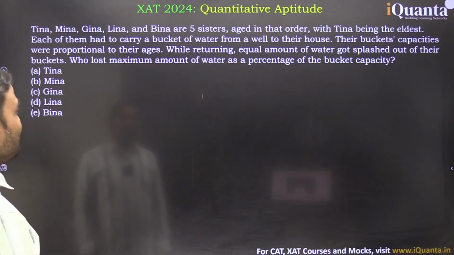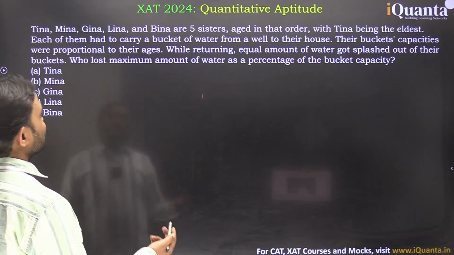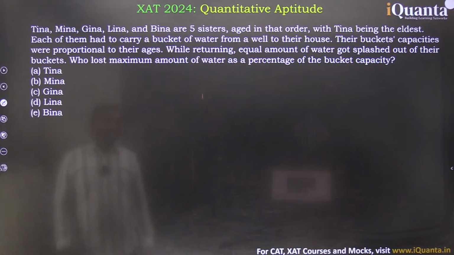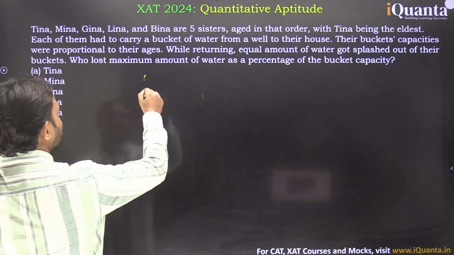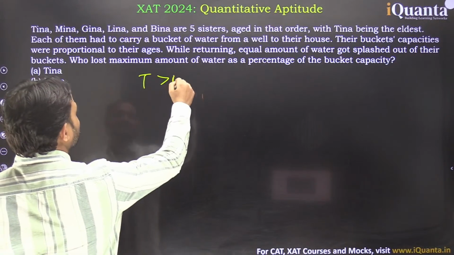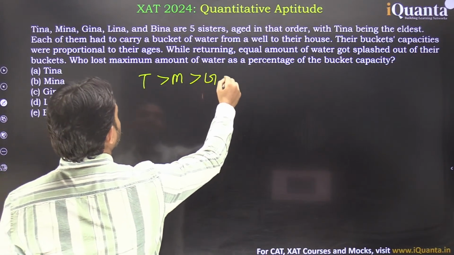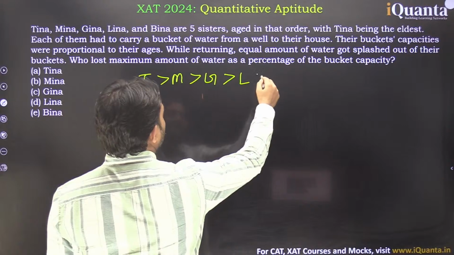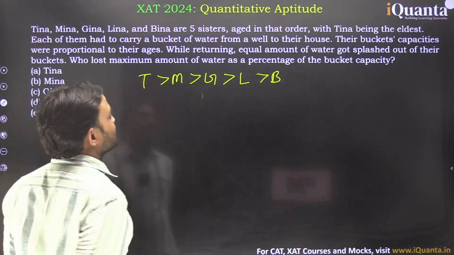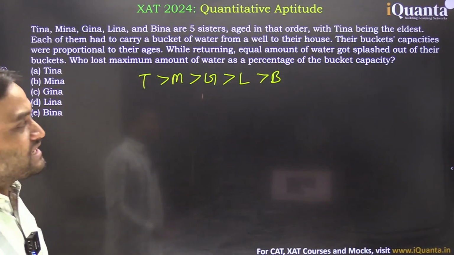Answer is Bina. It says Tina, Meena, Gina, Leena and Bina are 5 sisters, aged in that order, with Tina being the eldest. So age of Tina is greater than Meena, which is greater than Gina, which is greater than Leena, and then comes Bina. So age of Bina is least.